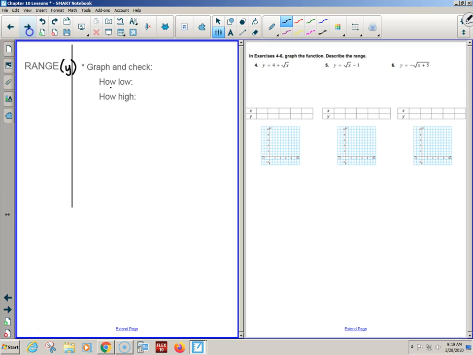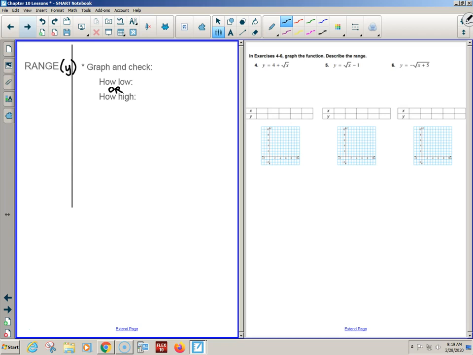I'm going to say or, maybe you should write that on your paper, because either it's going to go up forever or it's going to go down forever. So I'm not asking the forever question, I'm asking the limiting question or the boundary question, or what's the lowest it goes, because it goes forever high, or what's the highest it goes if it goes forever low. So I'm looking for the lowest or the highest.